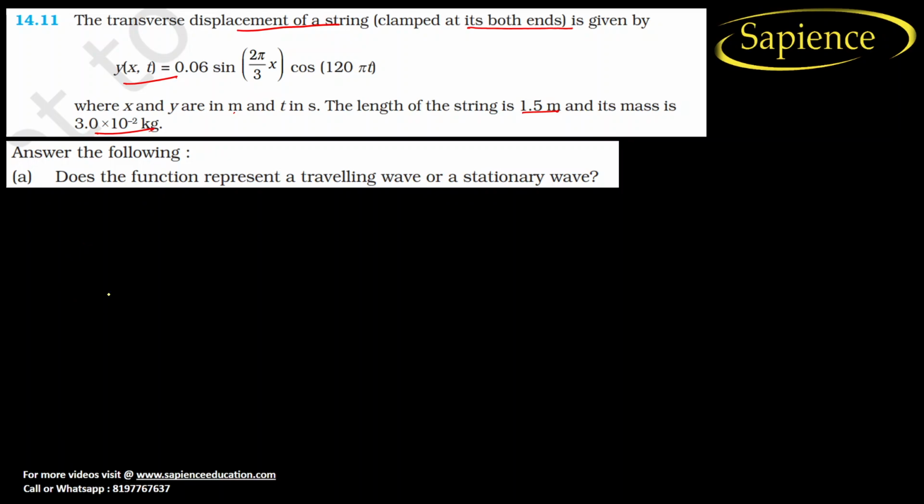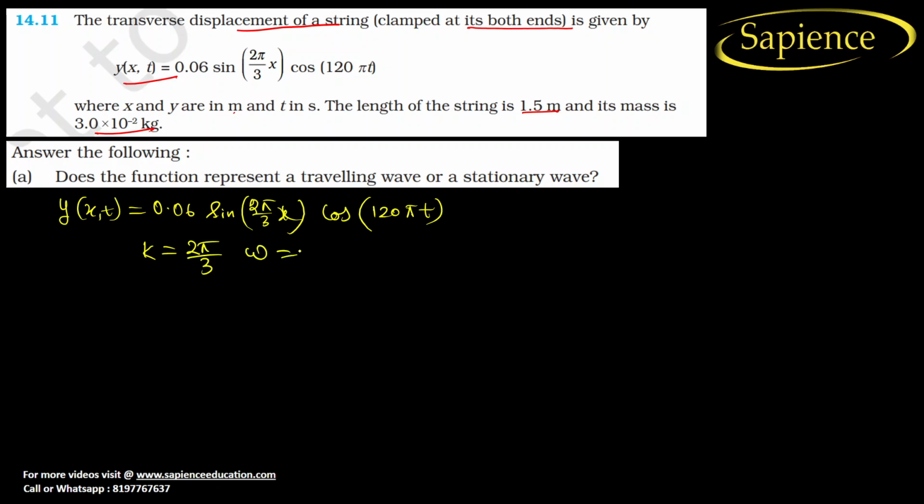See, one thing you need to understand: here the equation y of x comma t is equal to 0.06 into sine 2 pi by 3 x into cos 120 pi t. Here the value of k is 2 pi by 3, and the value of omega, as we are getting from here, is 120 pi.